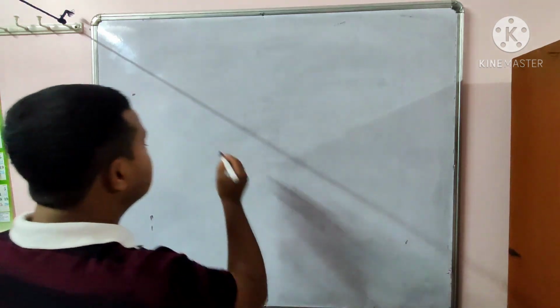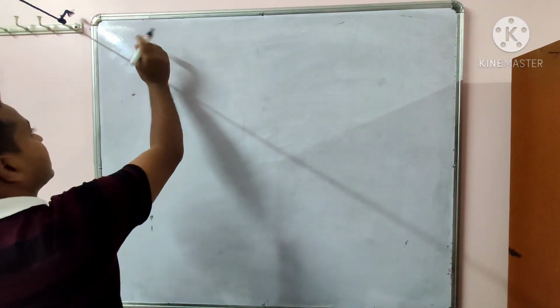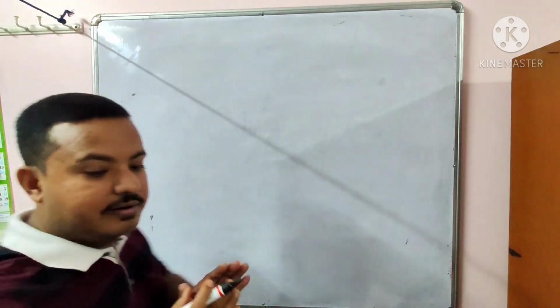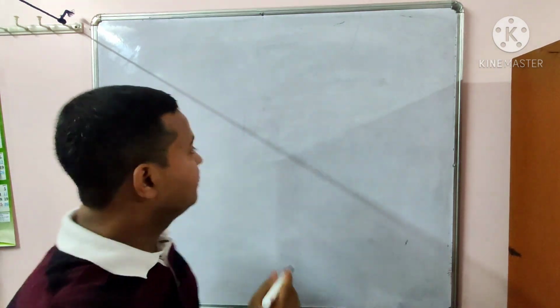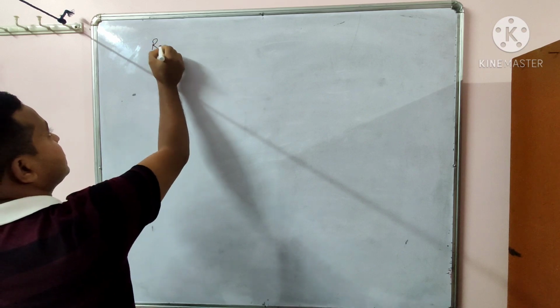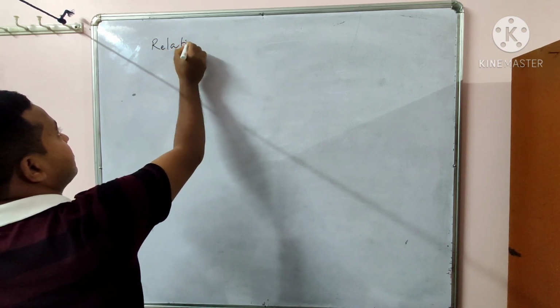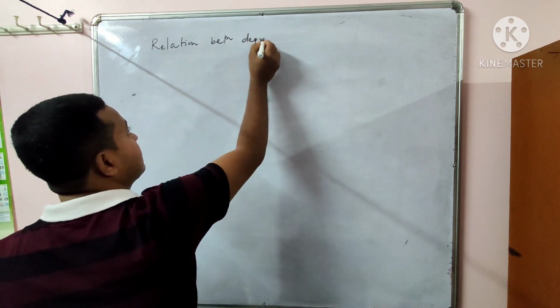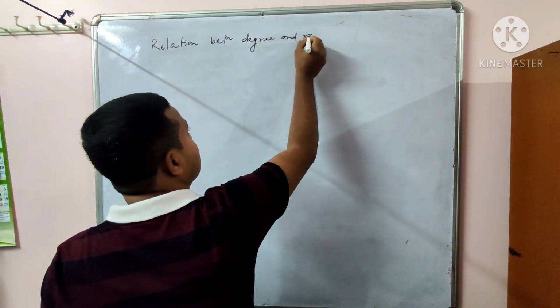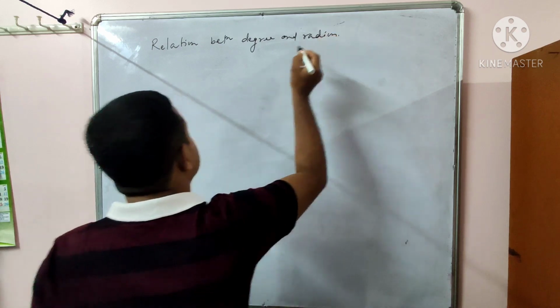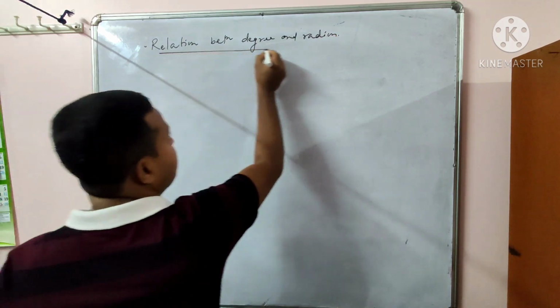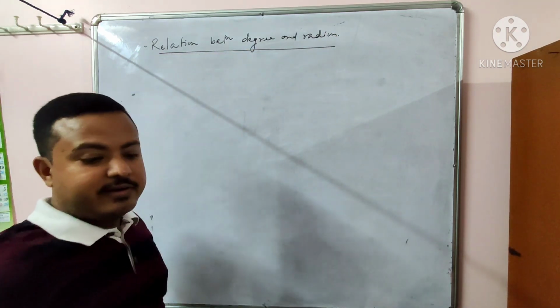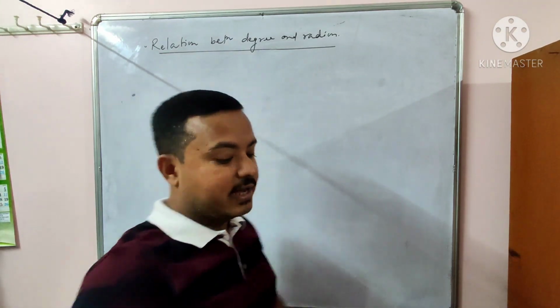Let me show you the relation between degree and radian. Degree is the common unit of angle, and radian is the SI unit of angle.